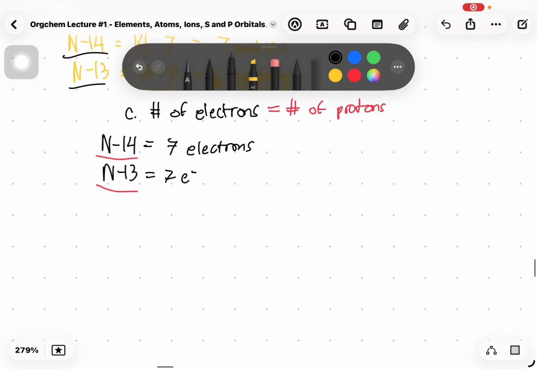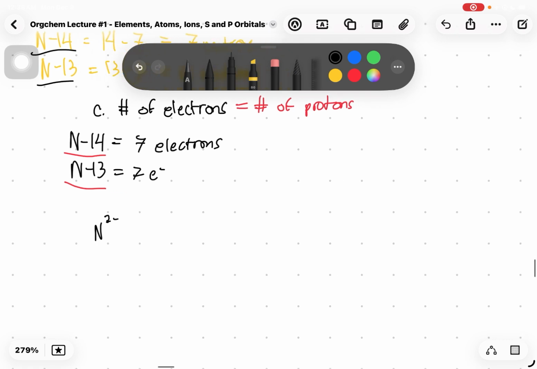If it were charged though, let's say you have N2 minus. When you see a negative number on the charge, assume that's the number of electrons you have to add, because adding electrons adds a negative charge. So if this has 7 electrons in its neutral state, adding 2 more would turn it into 9 electrons.